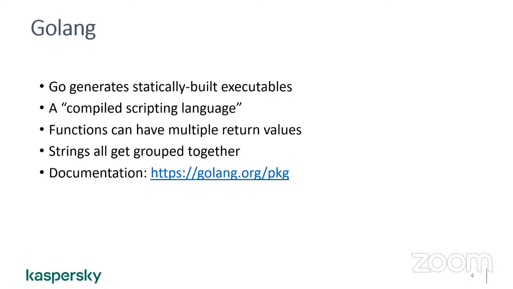So anyway, let's talk a little bit about Go. The first thing that you have to know is that it generates executables that are statically built. What does this mean? It means that the whole Go runtime and all the necessary library functions ship with every program you compile. We will see that a simple Hello World program turns out to weigh something like 2 megabytes.